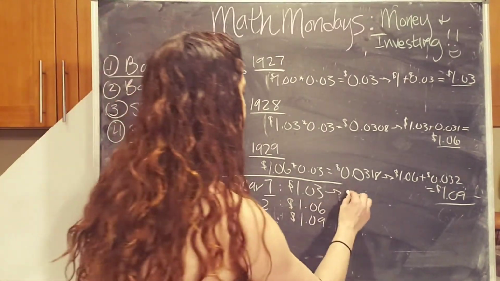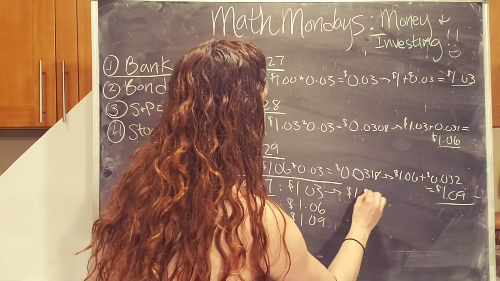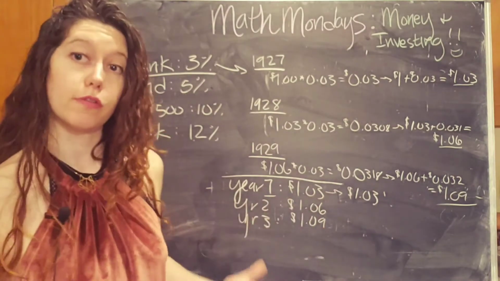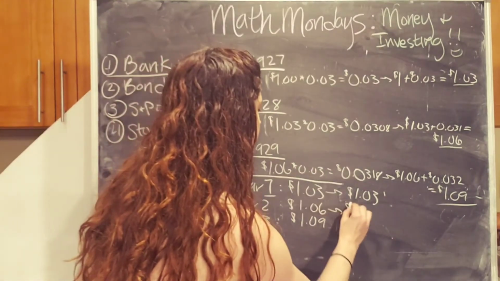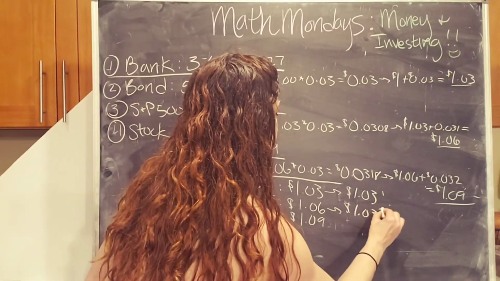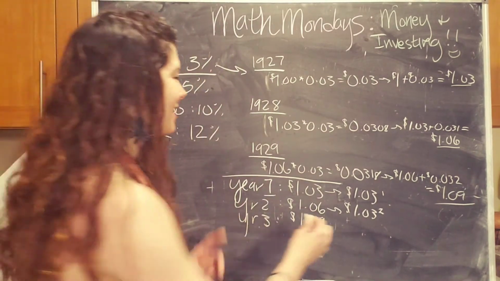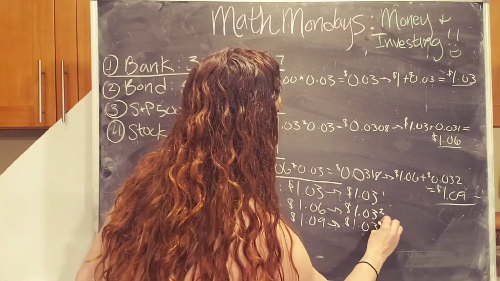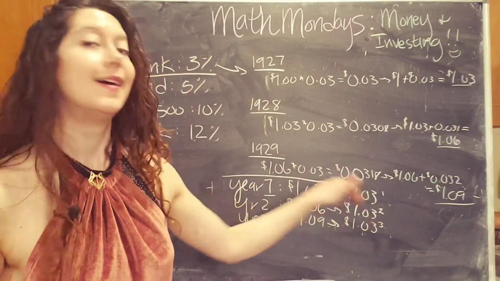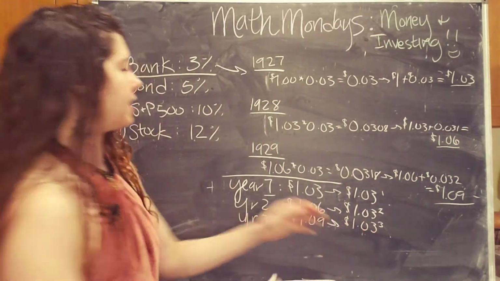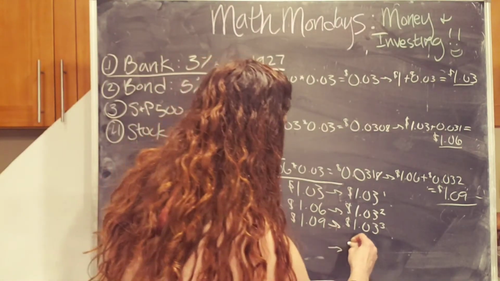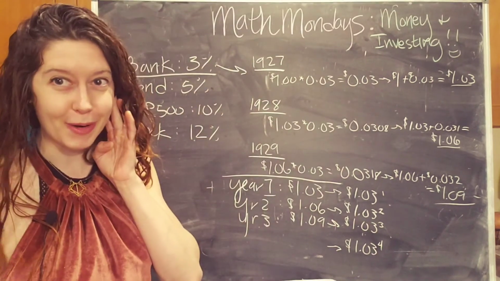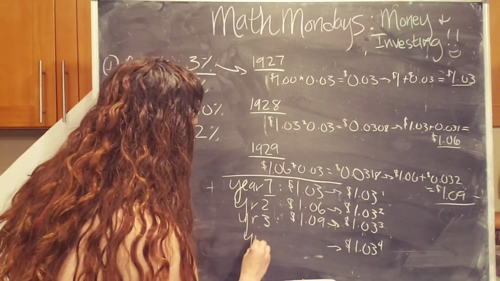And so immediately what I would notice is, okay, so this is $1.03 to the first power. This is $1.03 squared. And maybe you can see what's coming. This is $1.03 cubed. And if we did another year, you would find that the ending bank account balance would be $1.03 to the fourth power. So this is year 4.